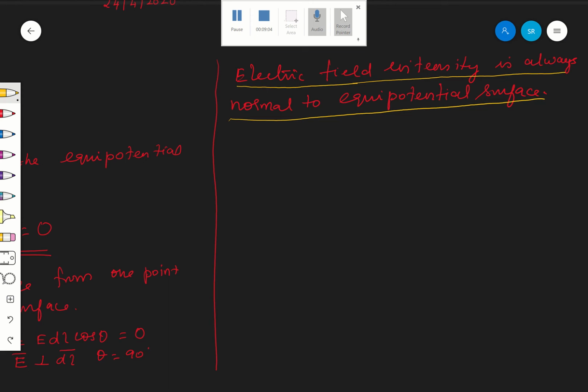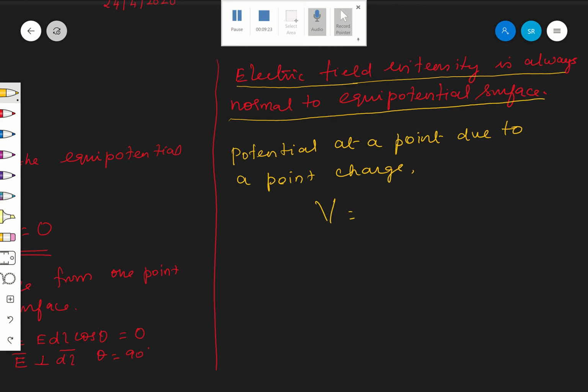what is the potential at a point due to a point charge? It is given by V equal to Q by 4 pi epsilon naught R. Correct?